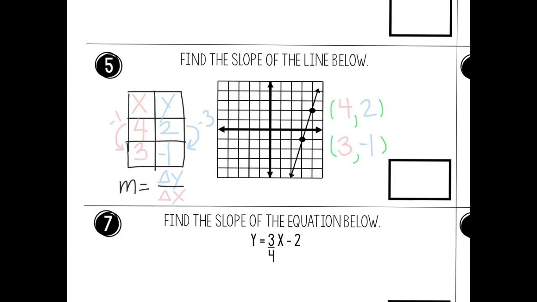That means that my slope is -3 over -1. Now yesterday we ran into this where we had 2 negatives, and I know that's a positive, and I know that 3 divided by 1 is 3. So my final answer after I take -3 divided by -1 is 3. My slope is 3.